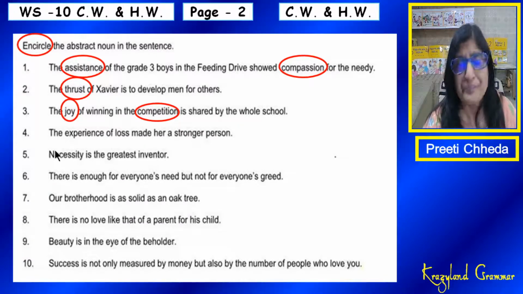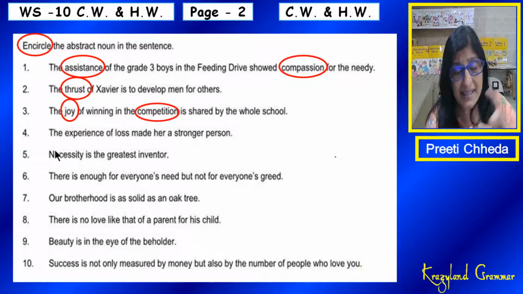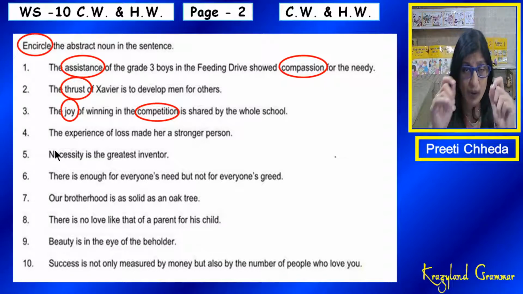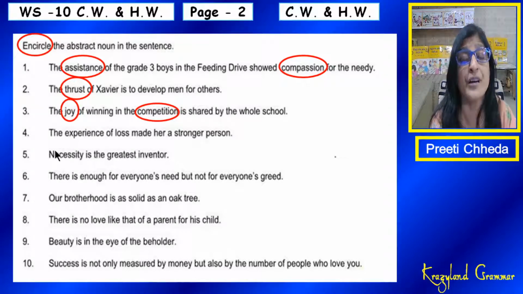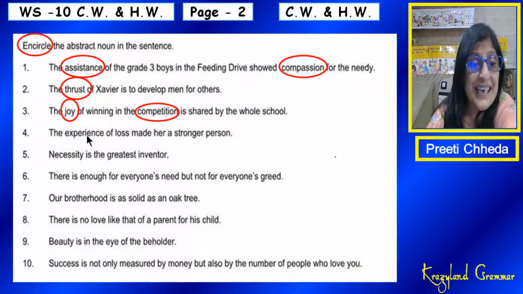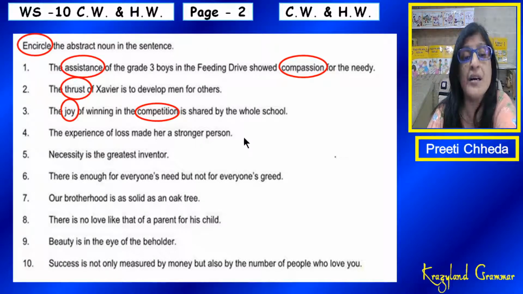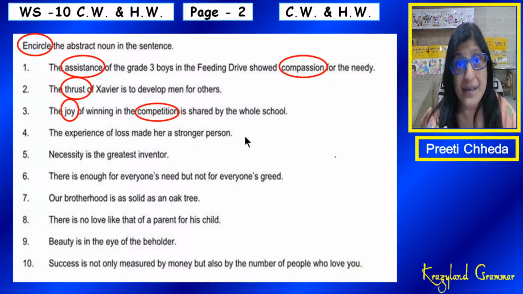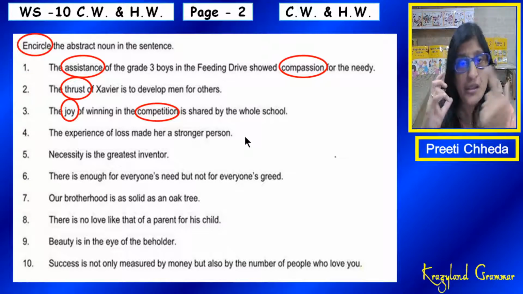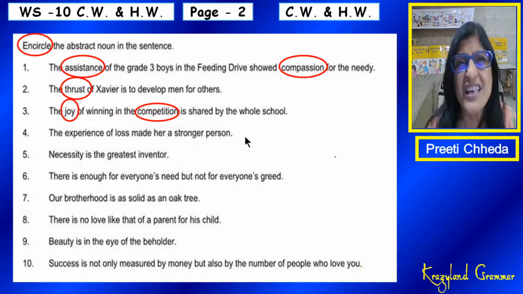Number 4, this one is a little tough, because I want you to understand the meaning of the sentence, and that's why we are doing it in classwork and I'm explaining the meaning of it. Okay, number 4, the experience of loss made her a stronger person. Experience, can you see the experience? Can you smell it? Can you hear it? Can you taste it? Or can you physically touch the experience?